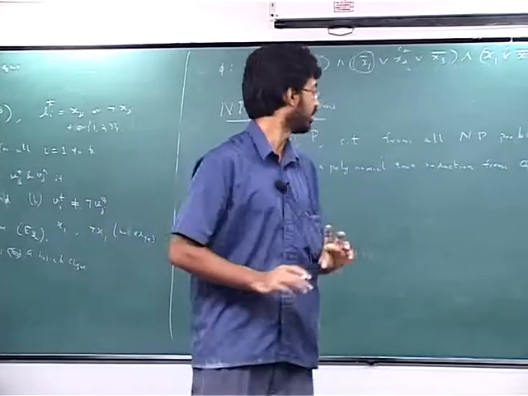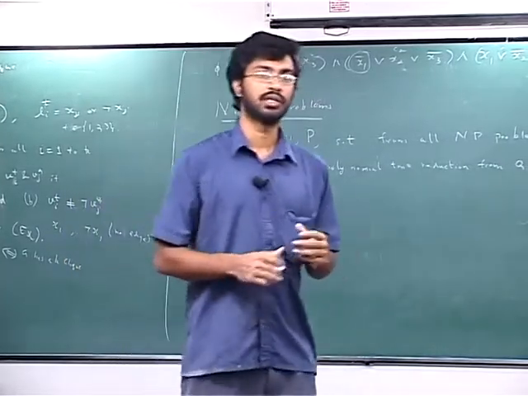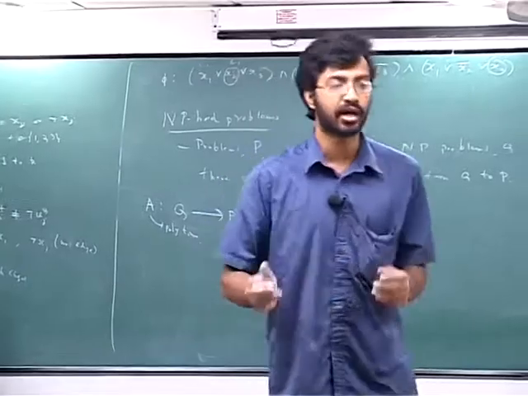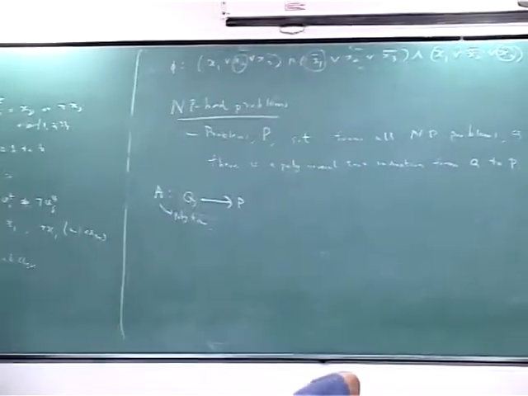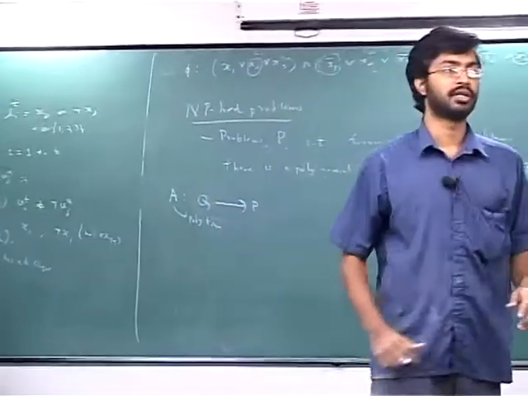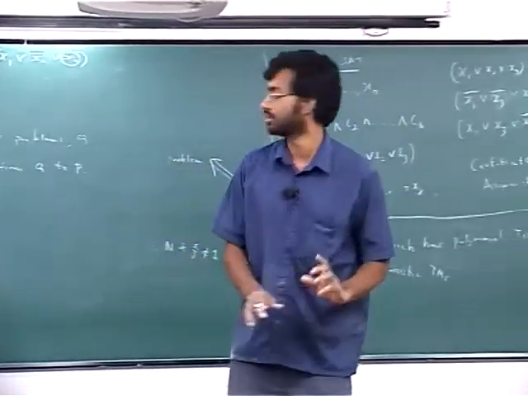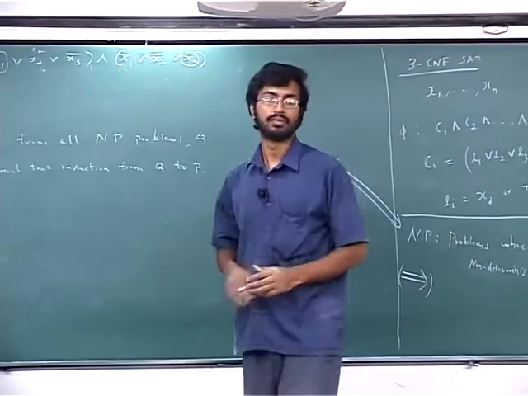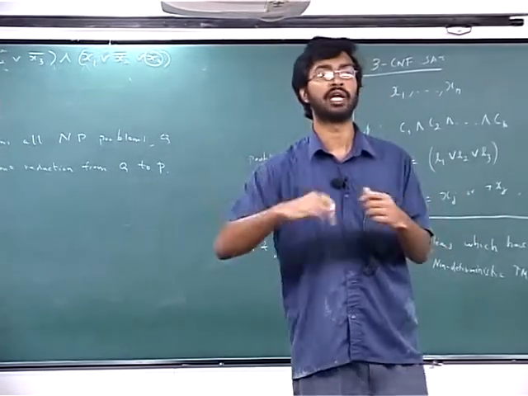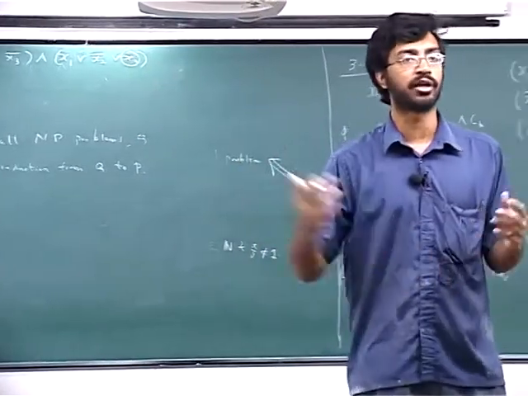So again, let's make it clear. What it says is that it's something like a hardest problem. What is the intuition behind the name? These are something like the hardest NP problems. Why? Because there are polynomial time reductions from any NP problem you give to that problem.